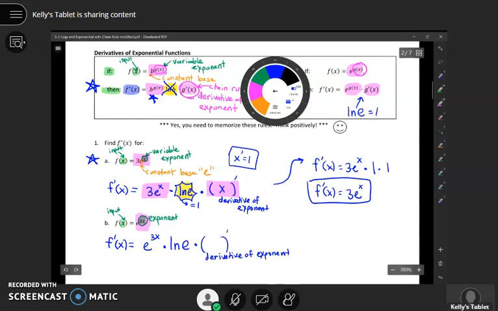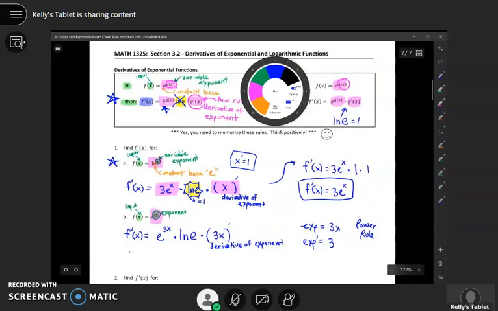My exponent is 3x. So if my exponent is 3x, then to find the derivative of that, I need to use my power rule. And I'll see that the derivative is just a plain old 3. So what do I really have here? I have the derivative is e to the 3x times, well, the natural log of e is just 1.